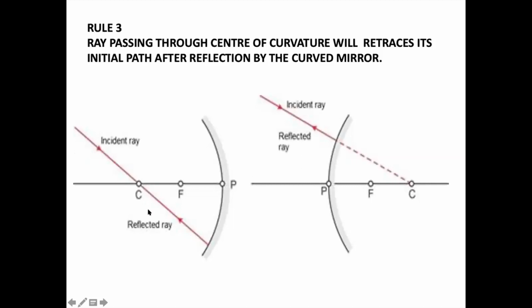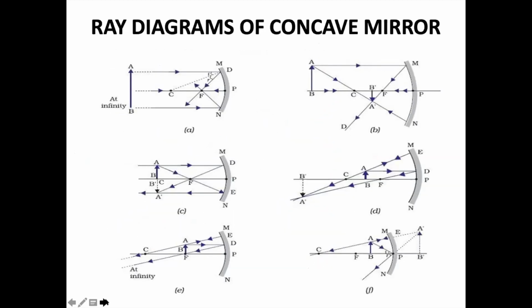I'm showing a concave mirror, so I'm showing you this. The ray of light passes through the center of curvature from the point where you touch the object, because we are interested in seeing the reflections from the object. So this is the ray going straight, extended on the back side. Another is rule number 4.